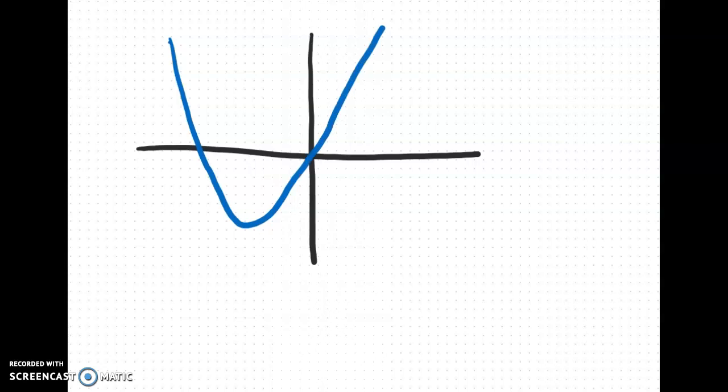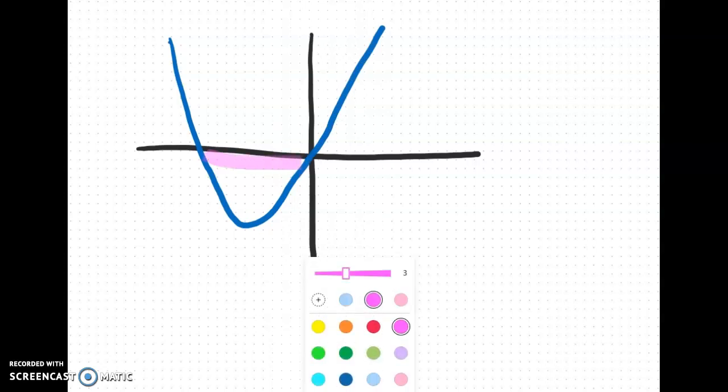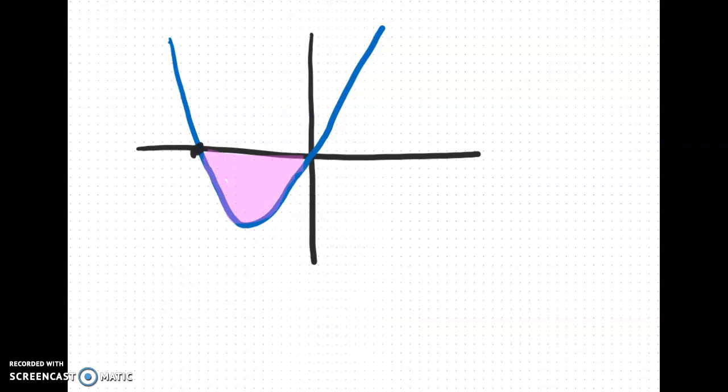Something like that. So we are looking at this region here, finding the area here. And we need to find A and B. So in order to find A and B, we need to find the points right here.